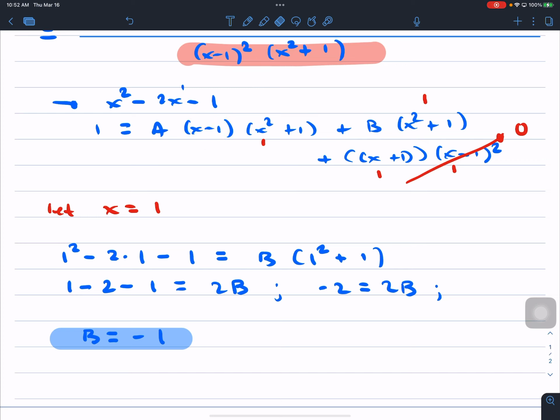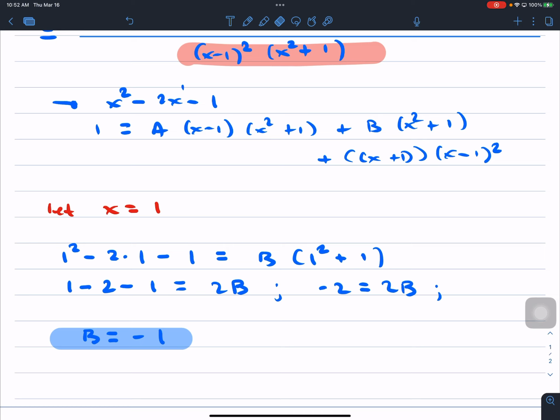In partial fraction decomposition, you might say, but Mr. Judge, I don't see any other terms that can start to zero things out, right? Because there really isn't any other, is there? You don't have an x minus 2 factor where you say x is 2 and it zeroes it out. You don't have an x plus 1 where you say x is negative 1.